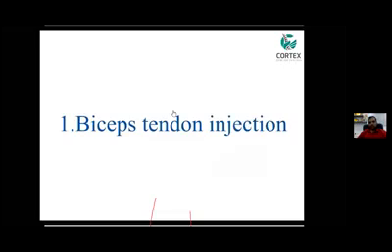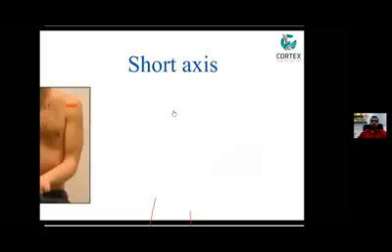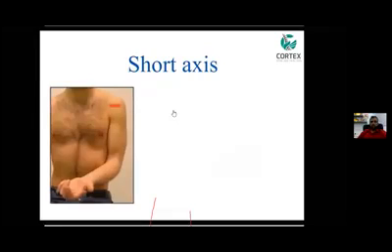First I will be discussing the biceps tendon. We have already seen the anatomy of the biceps tendon. Usually isolated bicipital tendinitis is very rare. Around 90% of the time when you see fluid around the tendon, look at the glenohumeral joint. It might be coming from the glenohumeral joint, because the capsule of the joint extends to the biceps tendon.